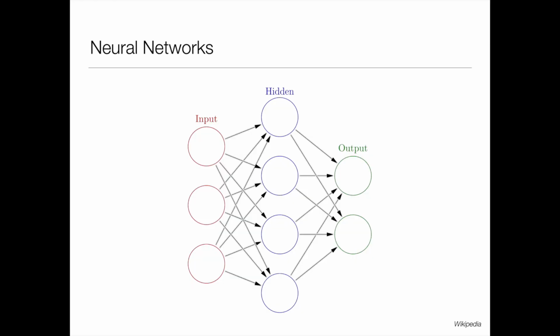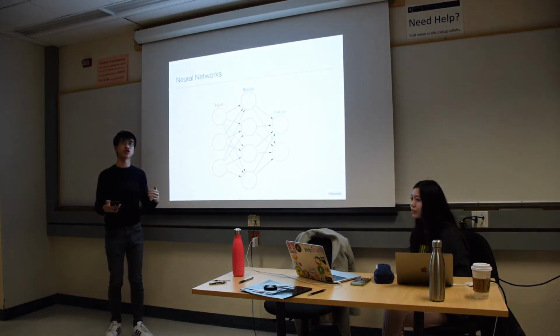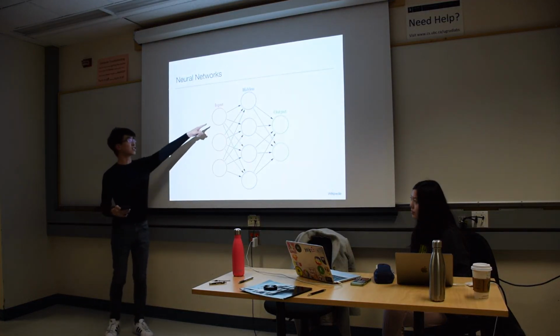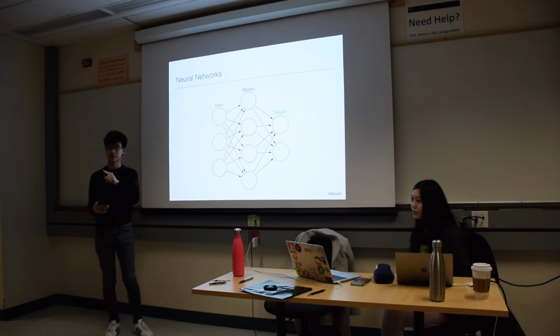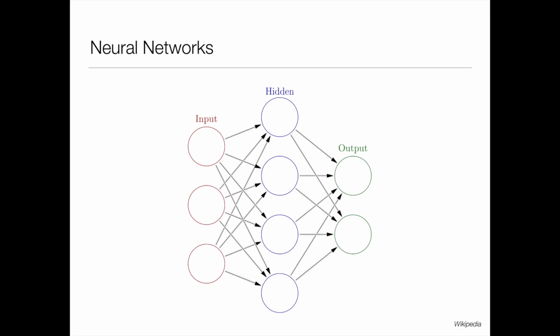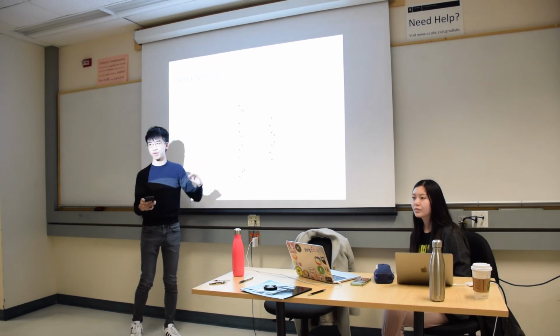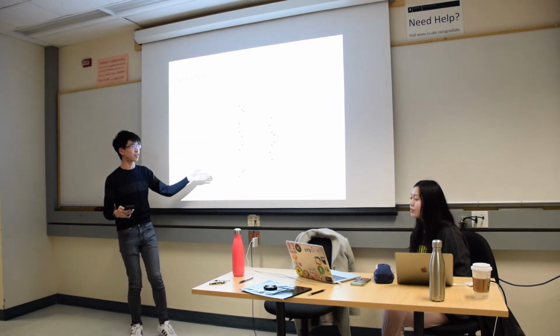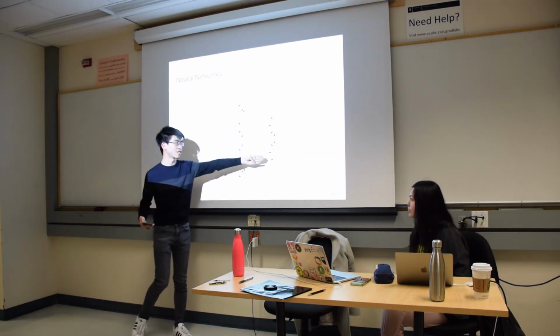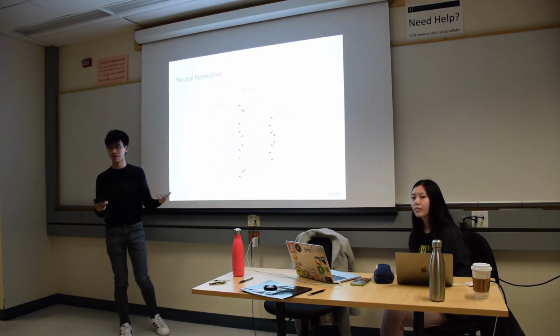We have a bunch of input nodes. If you're trying to predict things on an image, each of the inputs might represent one of the pixels in the image, right? And in the end, we have this connected thing. This simulates a bunch of neurons connected in the brain, and then we predict an output. For example, if this output is on, we might be predicting this input corresponds to a cat, right? Or if this one is on, we might say it corresponds to a dog.